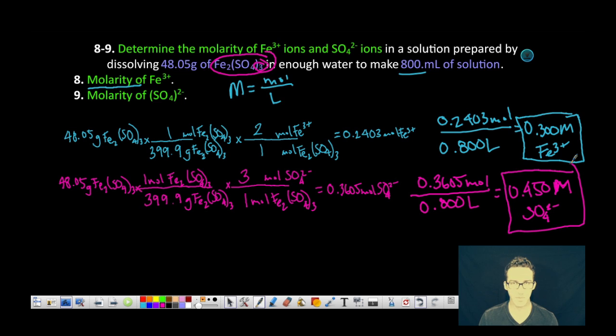Boom. And again, many of you math geniuses can probably recognize that 0.450 is 1.5 times larger than 0.300. And again, you wouldn't have to do all this jazz to figure out the molarity of the sulfate ion simply by looking at the relationship of iron 3 ions and sulfate ions in the original formula. That was the trickiest one of the day. So moving on.